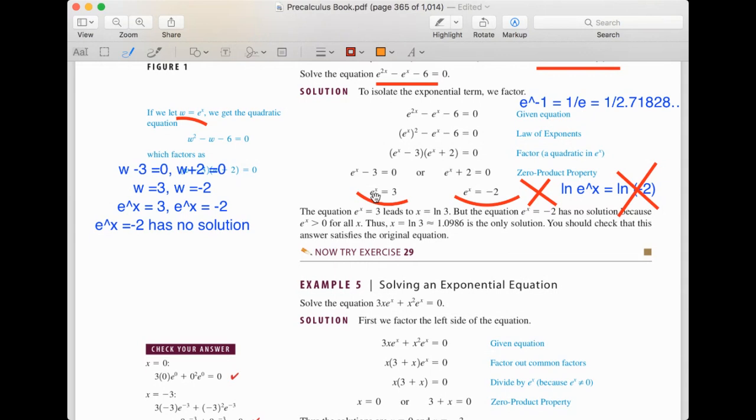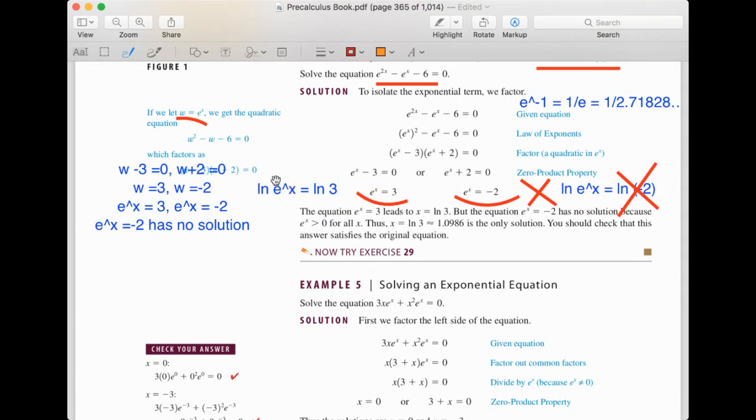So this one has a solution, e raised by x equals 3. Then we can solve, right? We put ln on both sides. So on this side we have ln e to the x, that just becomes x. Ln e to the x equals ln 3.